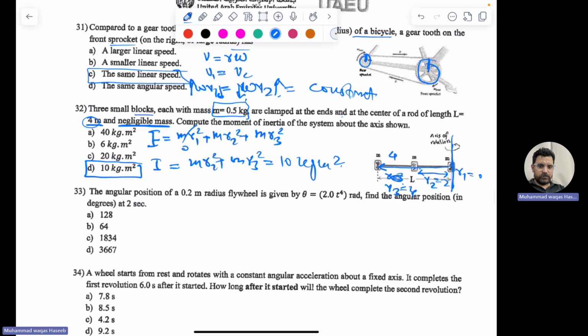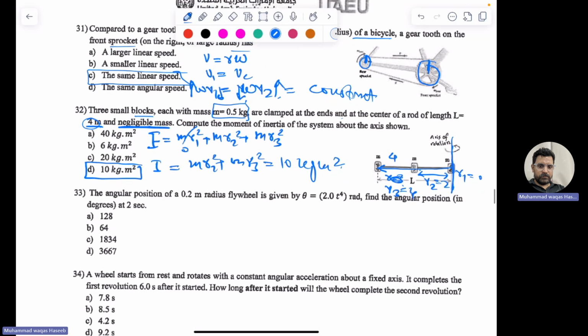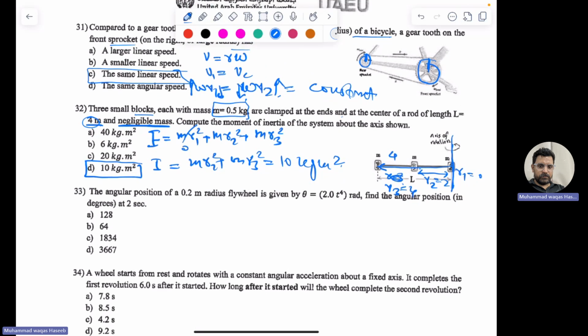Please do check these answers, so you'll be sure about this answer. Now, the angular position of the object, a flywheel of 2 meter radius, is given by this. Find the angular position in degrees at 2 seconds.